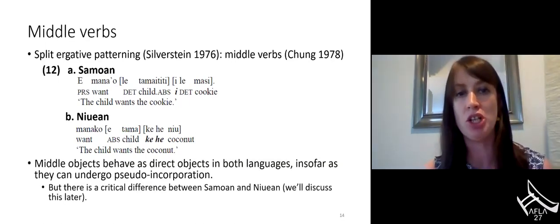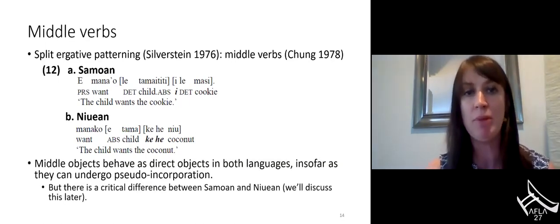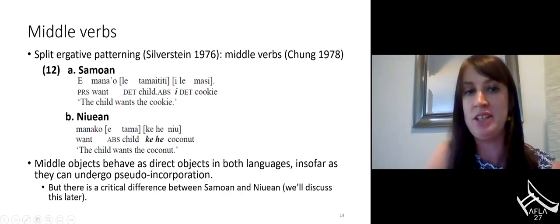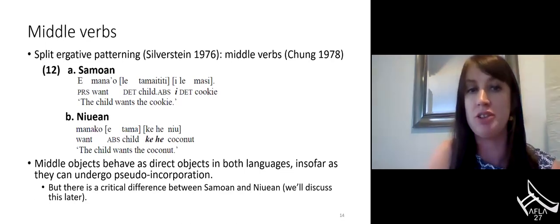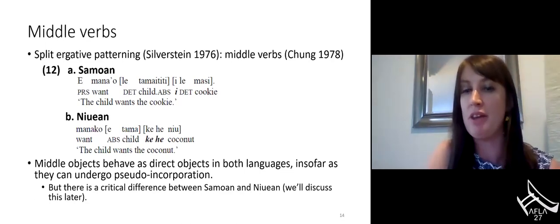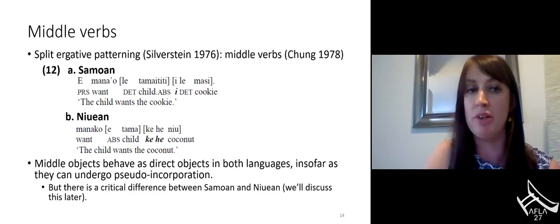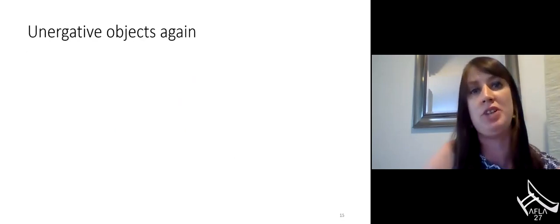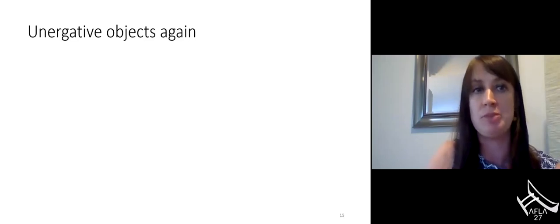Just a note, we're not going to show the data on this for the sake of time, but the middle objects in these languages behave as direct objects in both languages, at least insofar as they can undergo pseudo-incorporation. However, there is a critical difference between Samoan and Niuean, which we'll come back to a bit later on. So if we look at ergative objects again, we can put the pattern we're seeing into greater perspective.